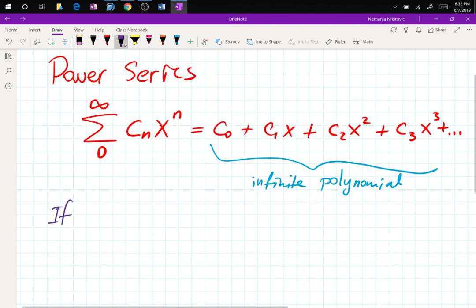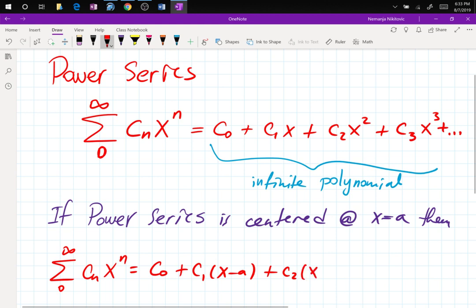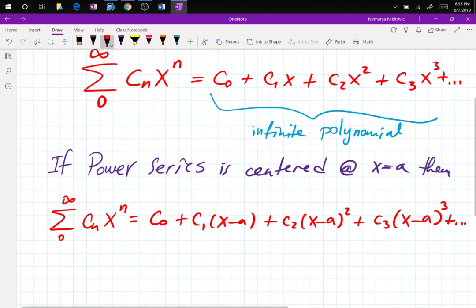So if a power series is centered at x equals a, then we have the power series sum from 0 to infinity of Cn times (x minus a) to the n, which gives us C0 plus C1 (x minus a) plus C2 (x minus a) squared plus C3 (x minus a) cubed plus dot dot dot.